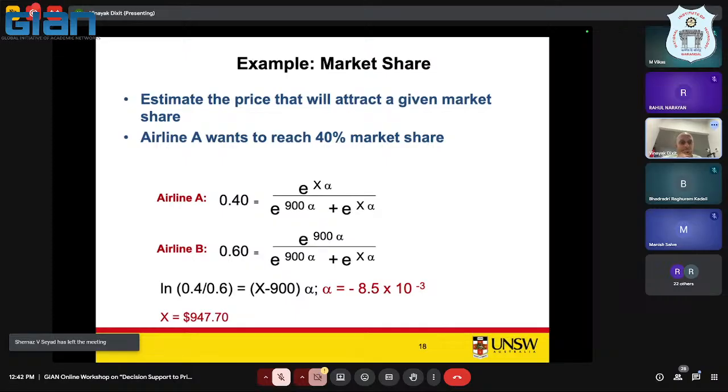Per person, you have increased your revenue by $79 even though you have reduced your price. Am I making sense?